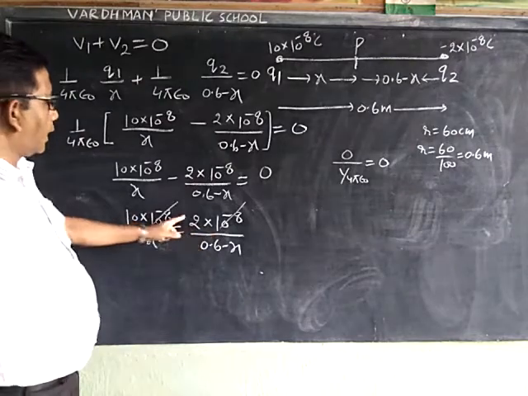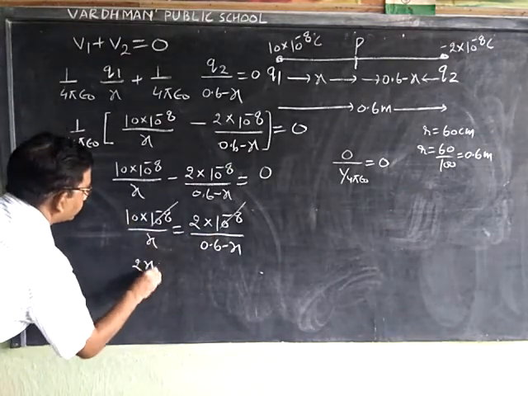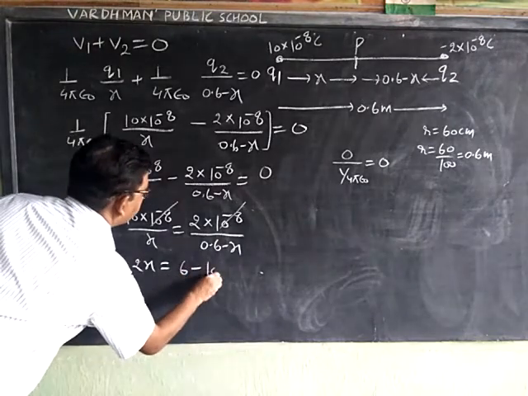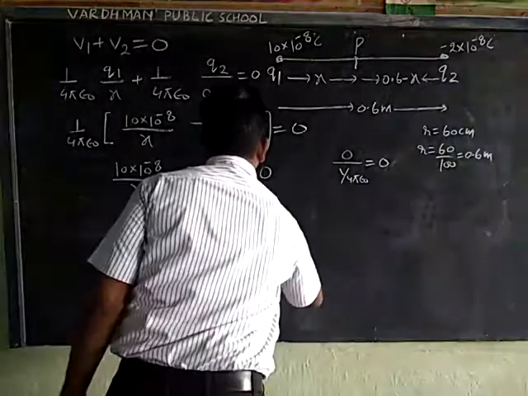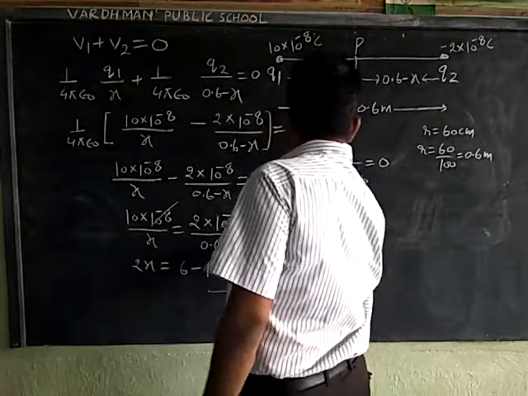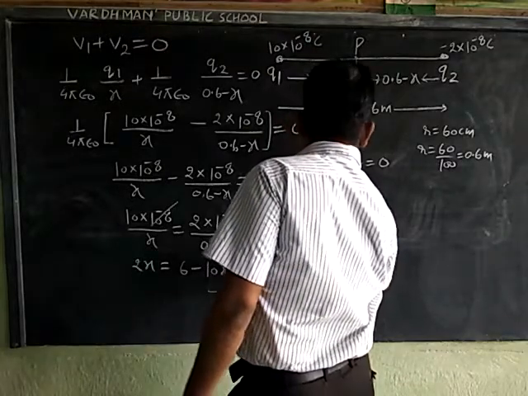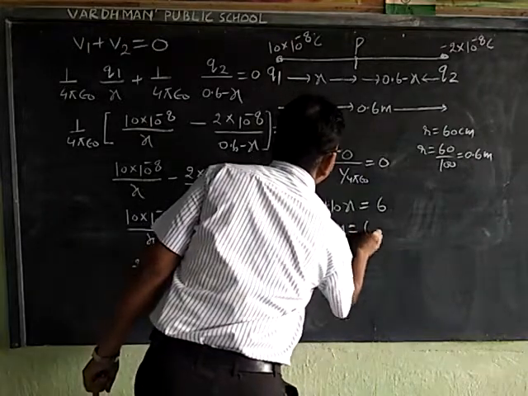Now we will cross multiply. That is 2x is equal to 6 minus 10x. That is 2x plus 10x is equal to 6. 12x is equal to 6.